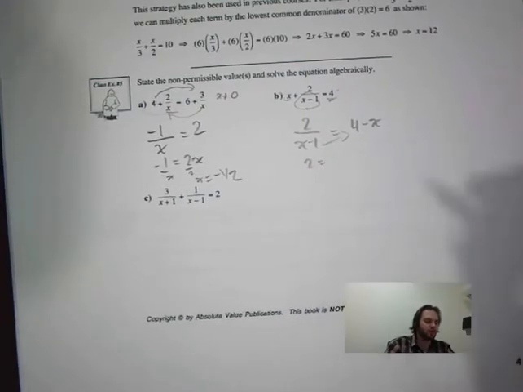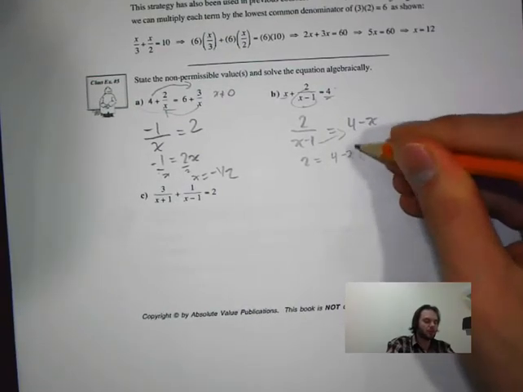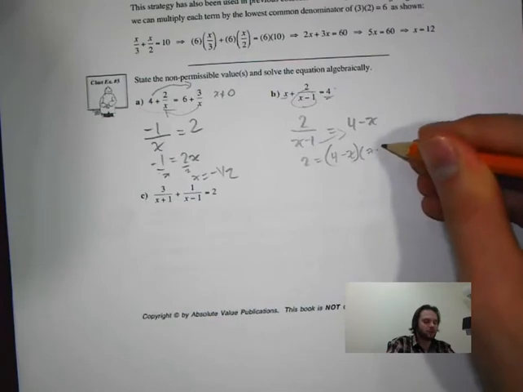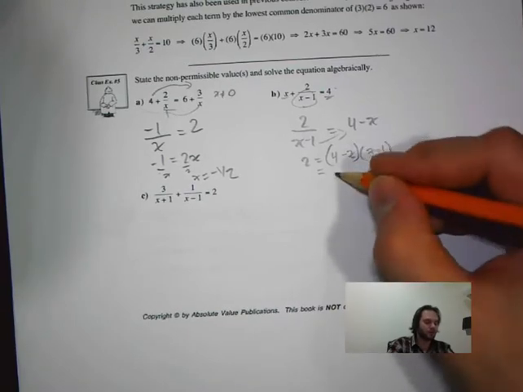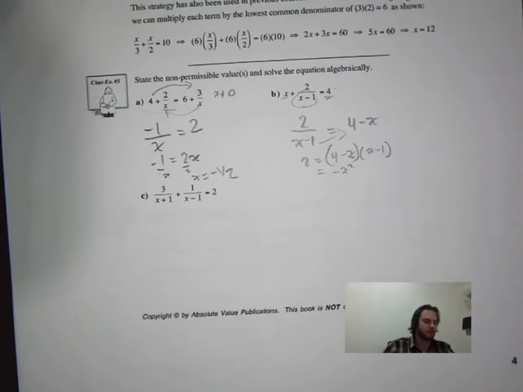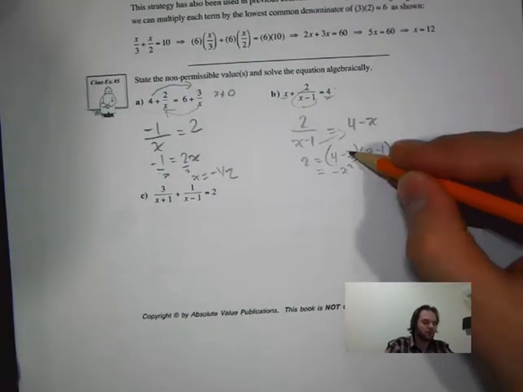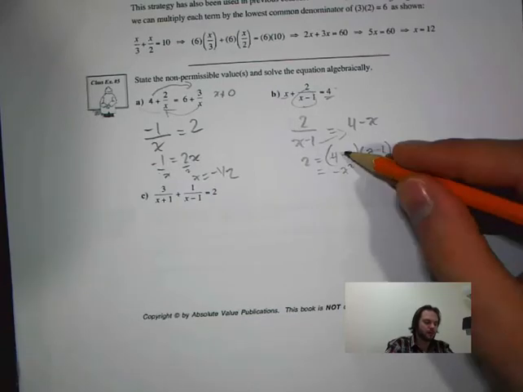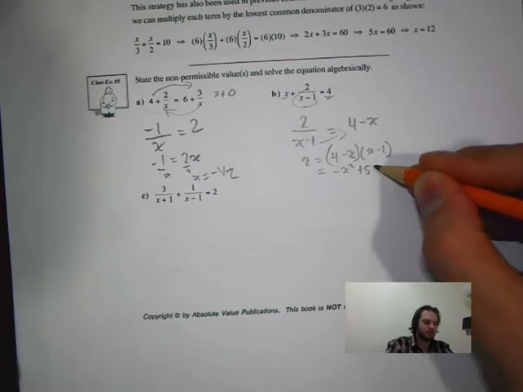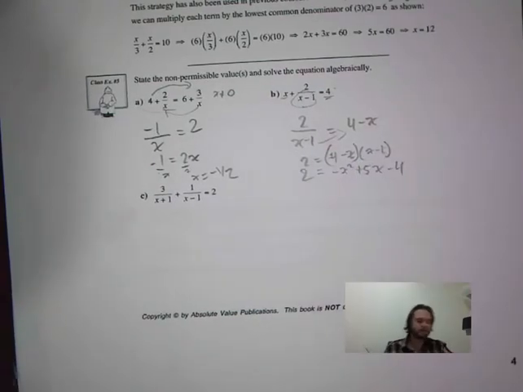So 2 is equal to 4 minus x multiplied by x minus 1, which gives me negative x squared, 4x, 5x, and negative 4. That's 2.